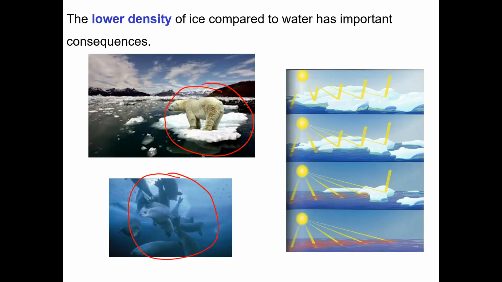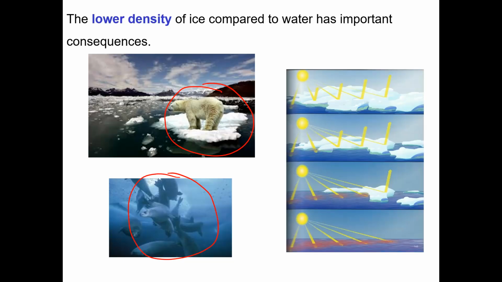So if the ocean were to freeze from the bottom up, then the entire bottom of the ocean would get sterilized, and all the plants in the ocean would die, and we would have a big problem. The ocean just would cease to function every winter.